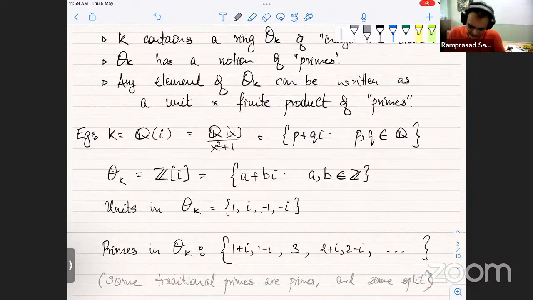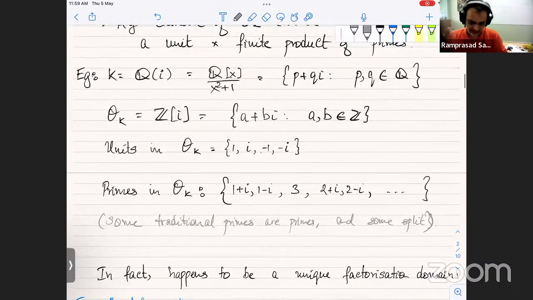So this world is a little different from what is happening in general. And this is usually not the case, but an important thing is that this particular number field, which is Q(i), actually happens to be a unique factorization domain if you define unique factorization properly.